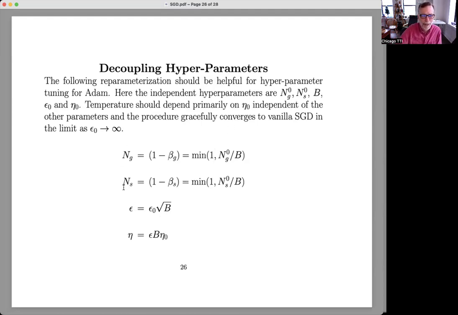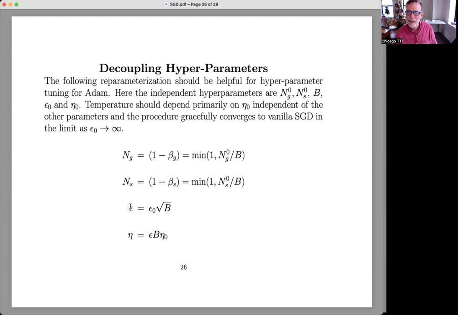So these are the independent parameters, the hyperparameters of Adam. We've got an EMA average parameter, a window size, N_G, for the momentum. We've got a window size for estimating the second moment average.